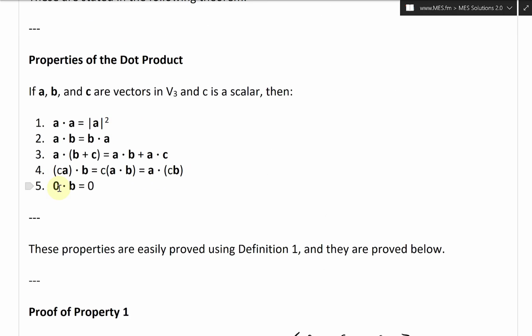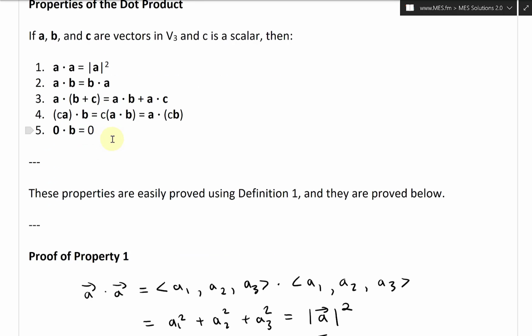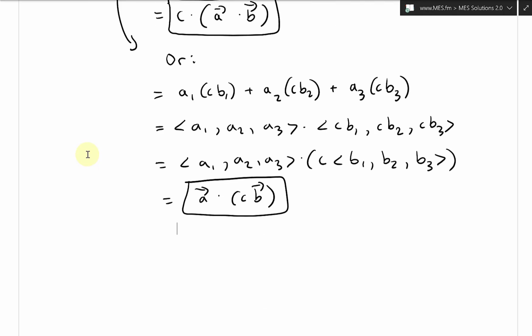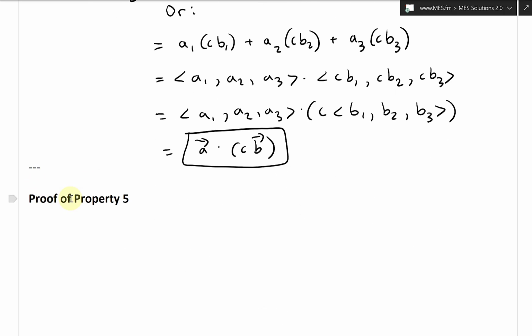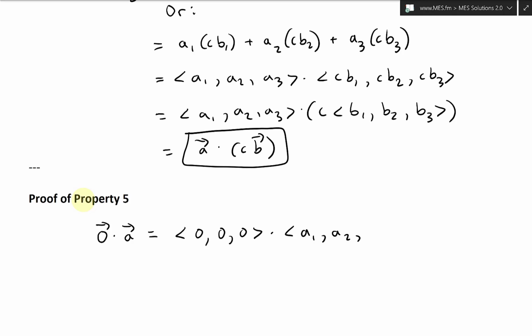All right, now let's take a look at property 5, and that is just the 0 vector dot b, and we show that it equals 0. So, proof of property 5. This one's pretty straightforward. A 0 vector dot a vector just equals the components of the 0 vector, 0, 0, 0, dot a1, a2, a3, like that.